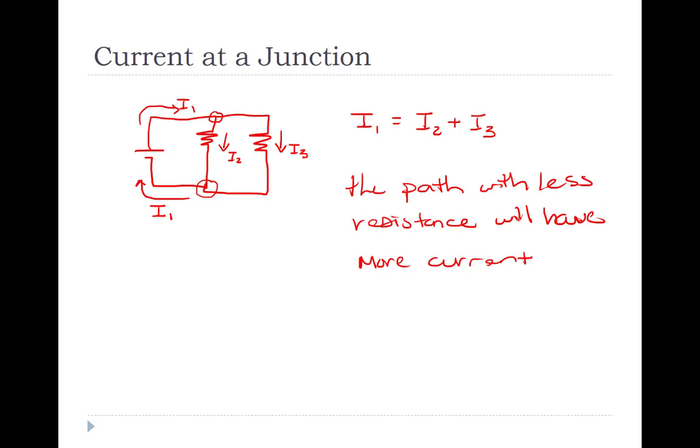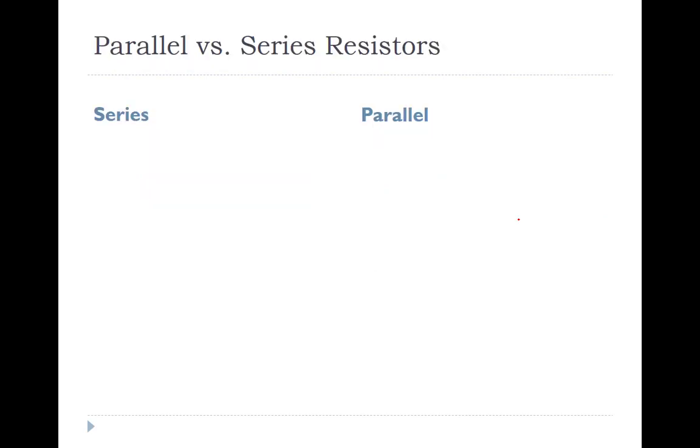Okay. So now let's take this and think about series versus parallel resistors. If I have series resistors, it's a combination where they're all in a line. If you think about this as a group of people all holding hands, your left hand is in the person next to you's right, and so on and so forth.